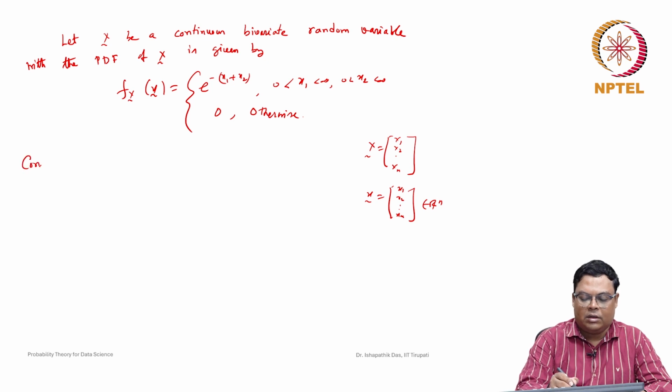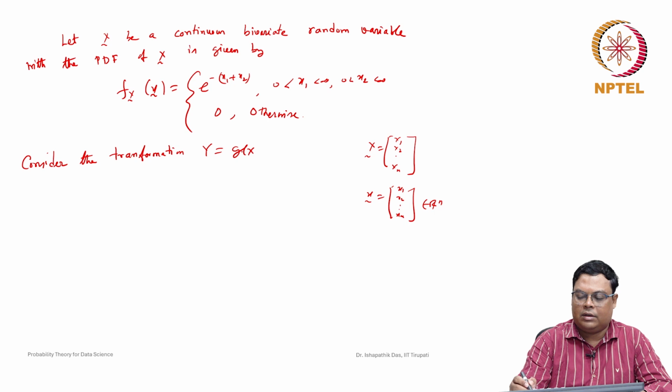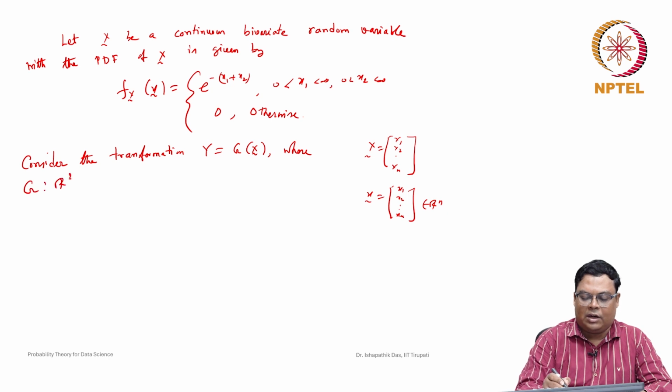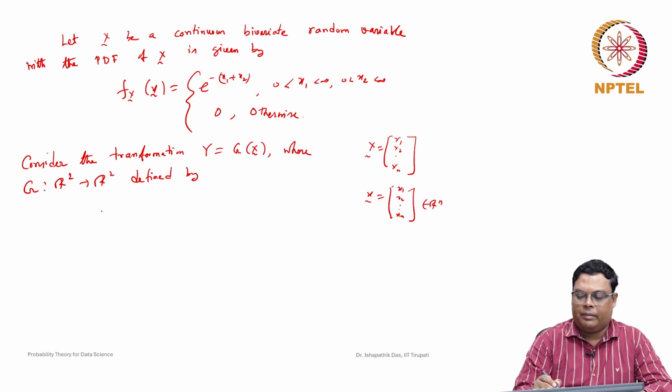Consider the transformation y is equal to g(x), where g is a transformation from R2 to R2 defined by: y will be a vector with y1 equal to x1 plus x2 and y2 just x1.